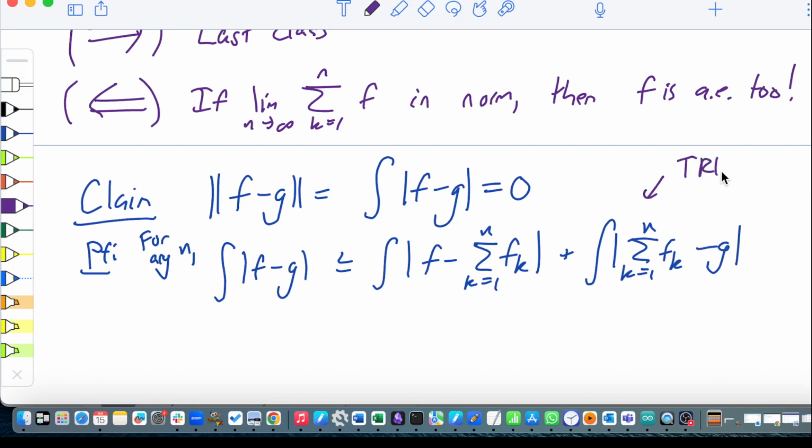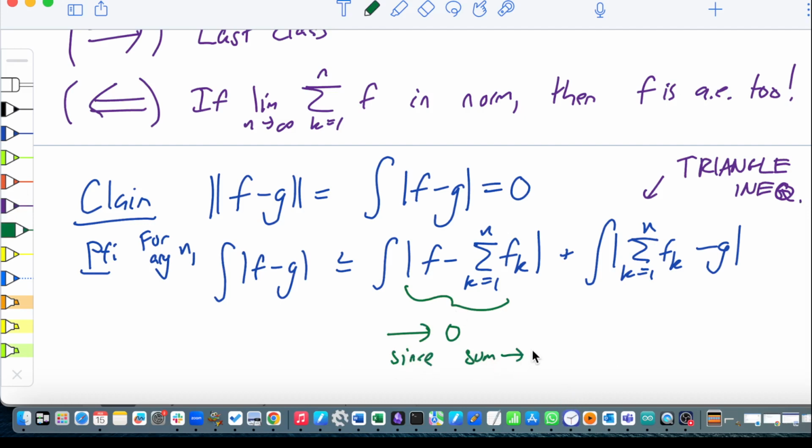And what do we know? We know that this thing is going to 0 because the sum goes to f in norm. And this one also goes to 0 for a different reason, which is that the sum is going to g in norm.